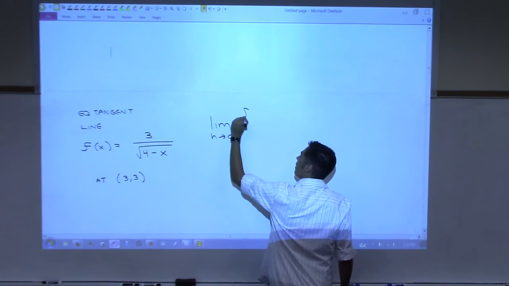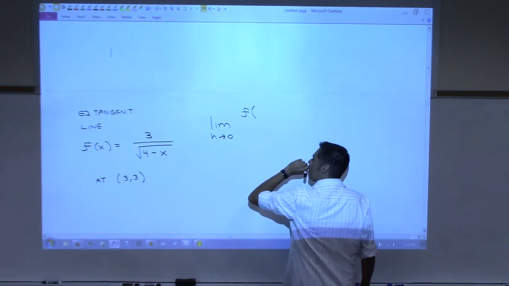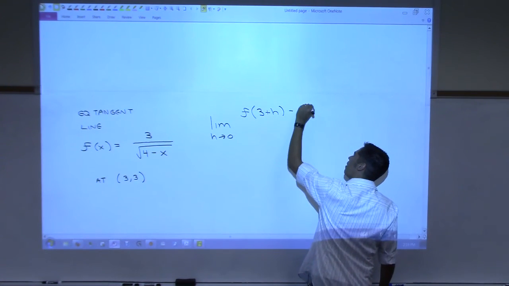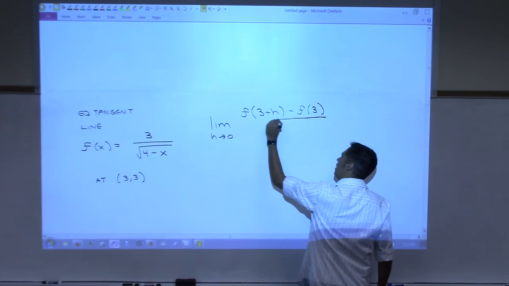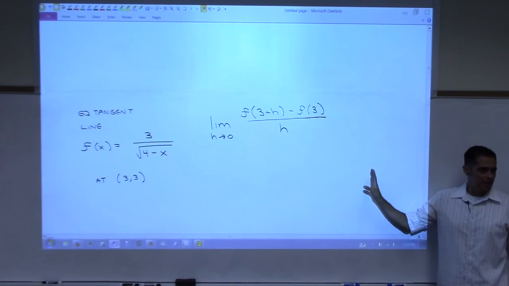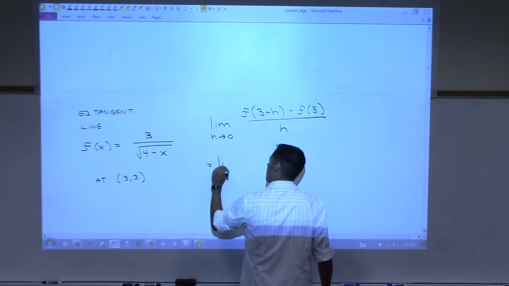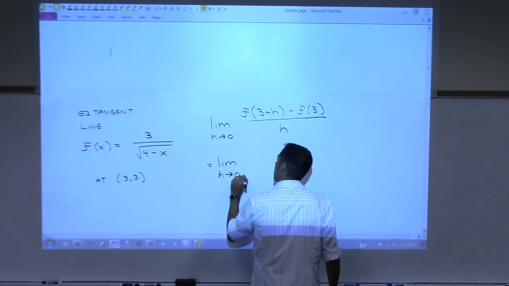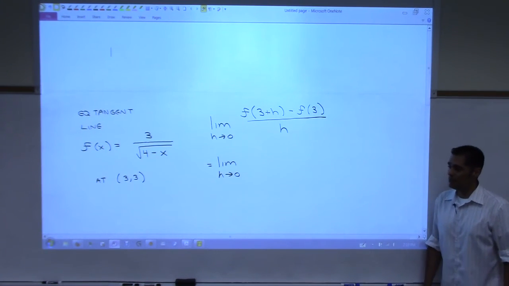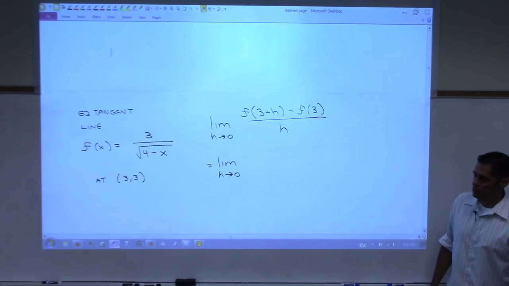So I'm going to go limit of f of a plus h. What's a? 3. So f of 3 plus h minus f of 3, over h. I might back out of this in a minute. After I see the algebra, I might back out and go with the other one. We'll see. This is equal to the limit as h goes to 0 of, all right, I'm going to replace x with 3 plus h into my function.